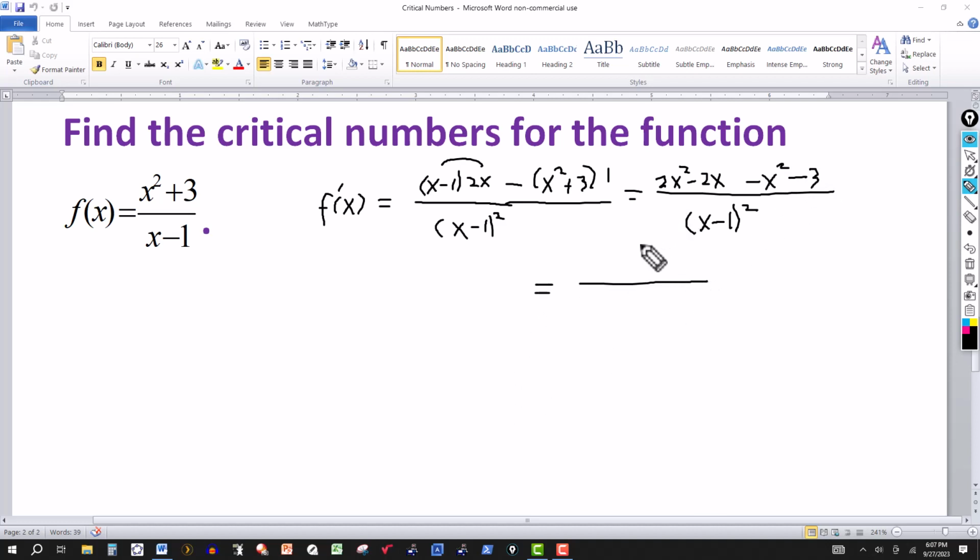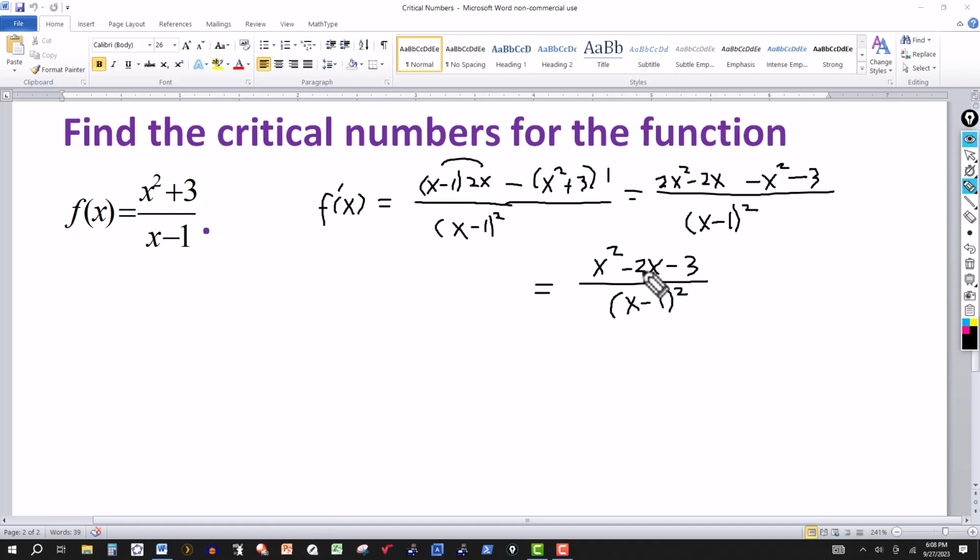So 2x squared minus x squared gives me an x squared. And then I get a minus 2x minus 3. And in the denominator I have the quantity x minus 1 squared. So we want to look at the values of x for which the derivative is 0.